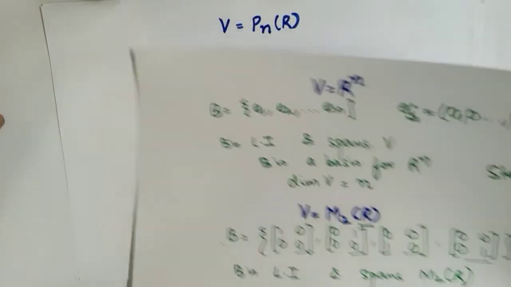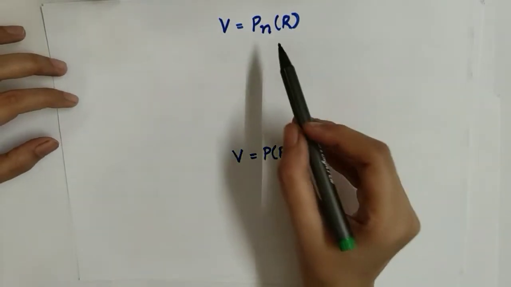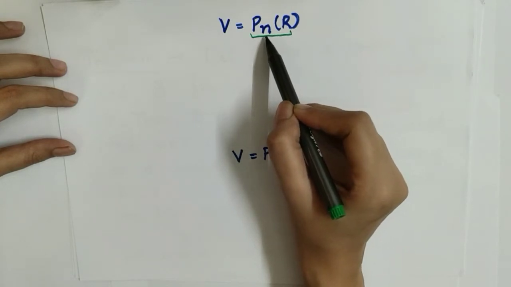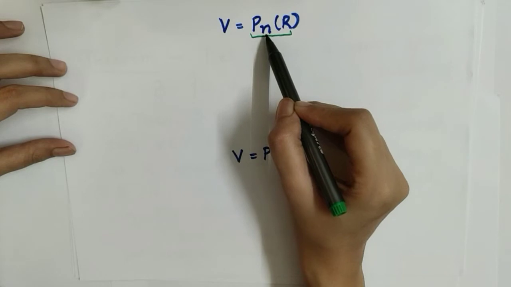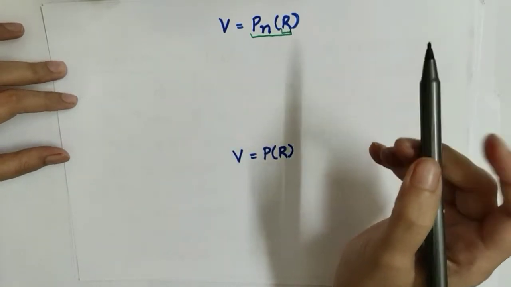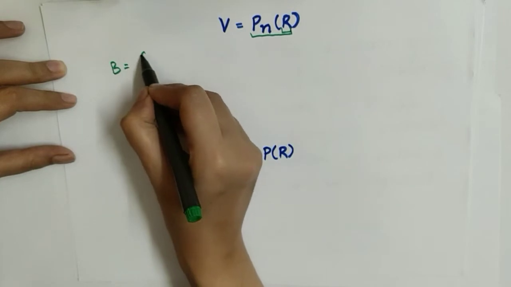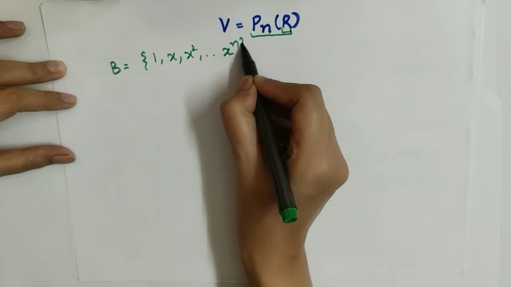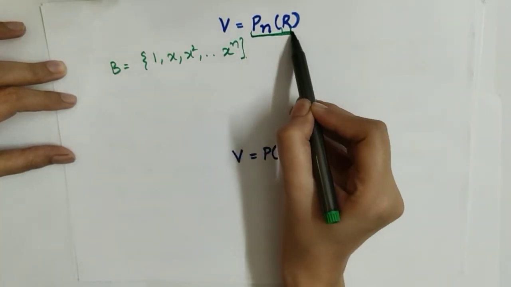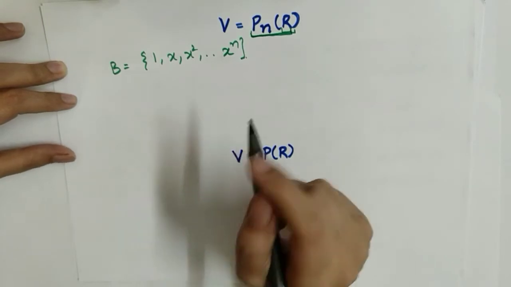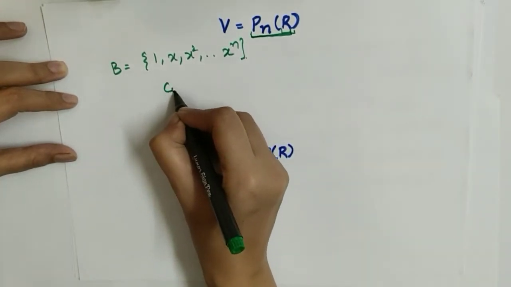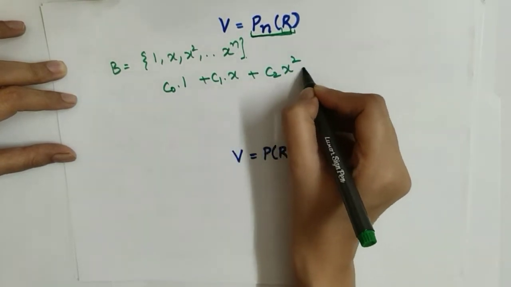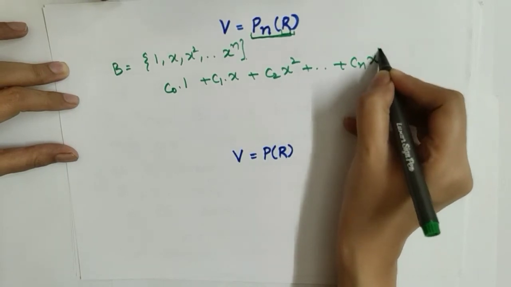Now if V is equal to PnR, the set of all polynomials of degree less than or equal to n whose coefficients are from reals, then if I take B to be 1, x, x squared, up to x^n, any polynomial of degree less than or equal to n can be written as c0 into 1 plus c1 into x plus c2 into x squared plus up to cn into x to the power of n.